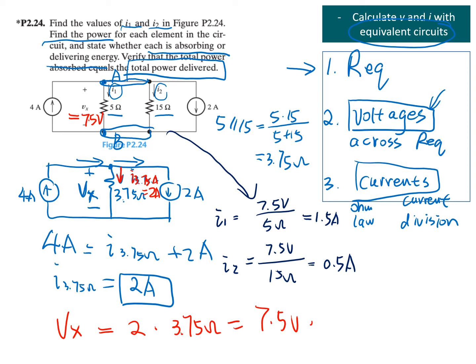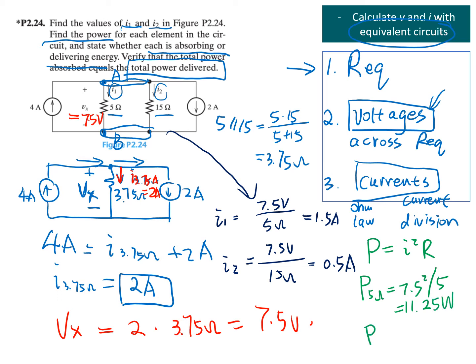So by using the formula we learned last week, we can calculate the power used by the two resistors as P is equal to I square R. So P 5 ohm is equal to 7.5 square over 5. That's 11.25 watts.